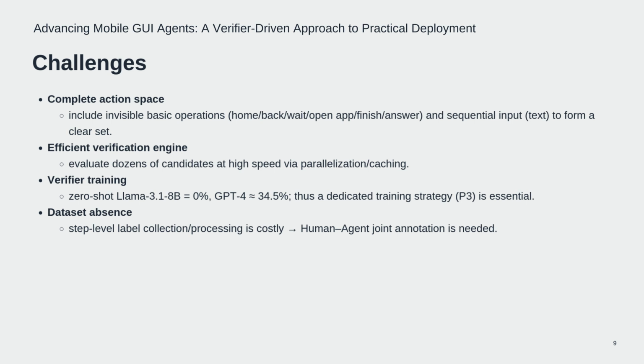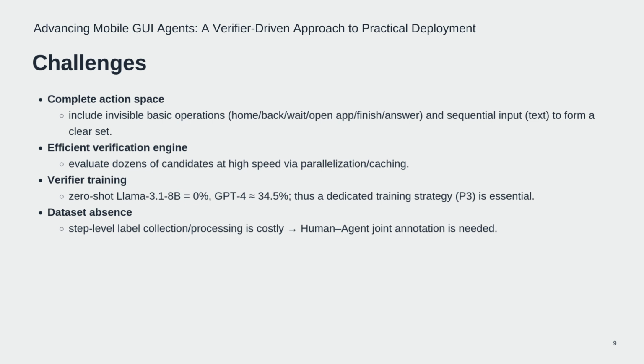These are not visible on the UI trees in the same way, but they are crucial actions. Also, typing text is not just one action. There's the content of the text to consider. They need to incorporate all these basic operations into the action space to form a clear, complete set of actions. Solving this was part of defining their discretized action space and workflow.